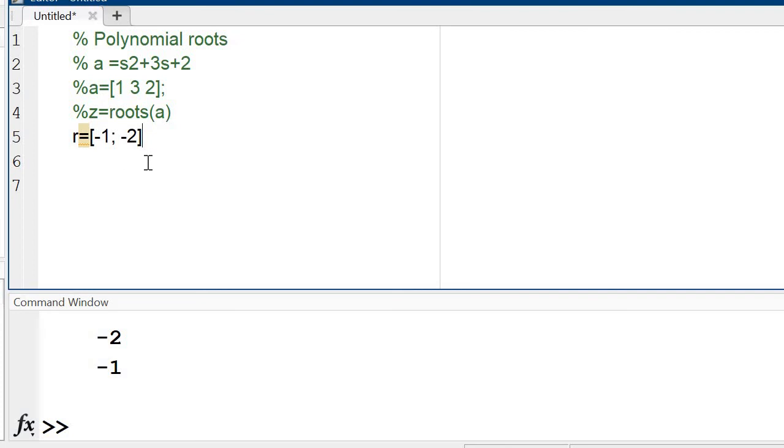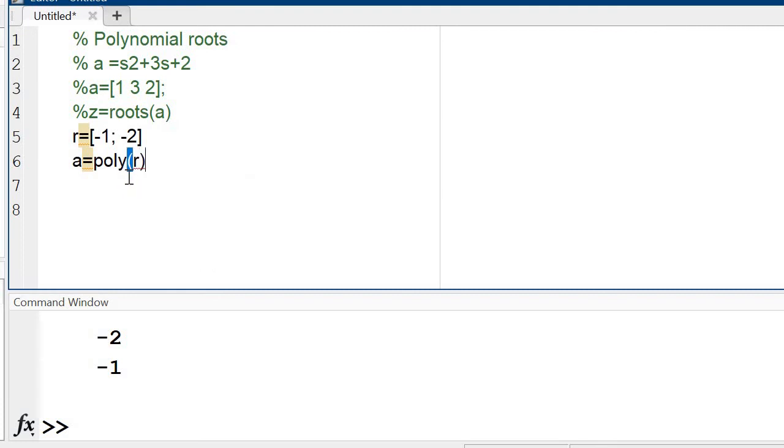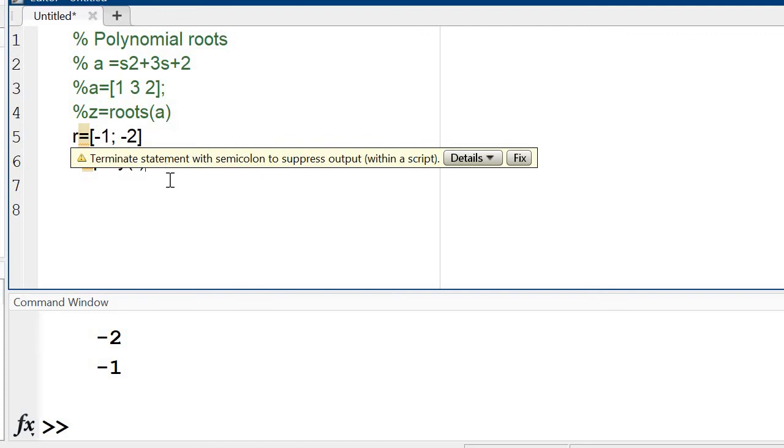Now how to find the polynomial equation? a is equal to poly of r. The detail is in this poly r, poly a, because in r I have -1 and -2, these two roots.